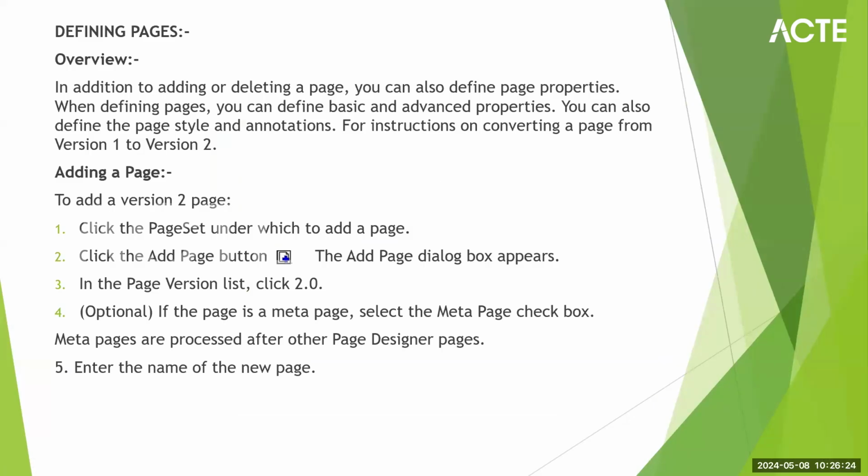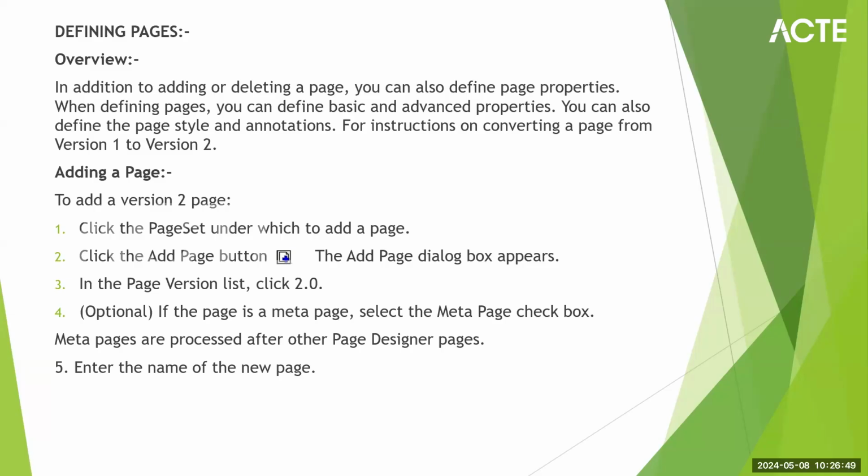To add a version to a page, click on the page set. Under the page set, click on the page set name for the page you want to add to, in the page designer. Now click on the add page button. The add page dialog box will appear. Now click on the page version list, like 2.0.